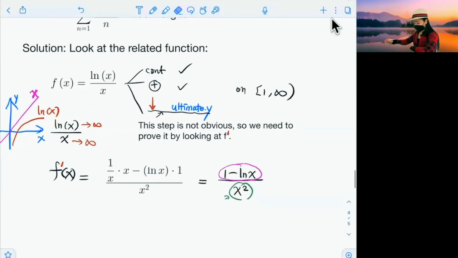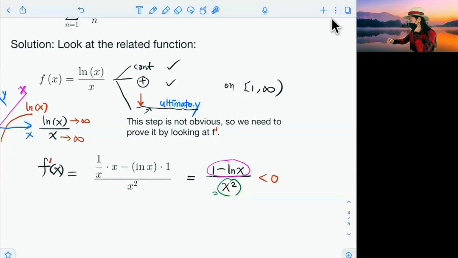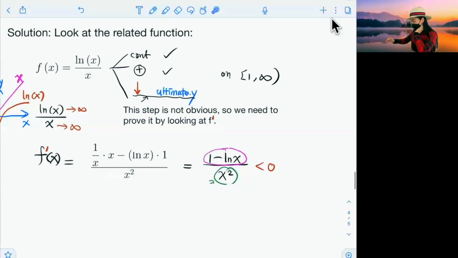Now, we're trying to show that the derivative here is negative, so we try to show when this will be less than 0. Look at the denominator here. It is x squared, and we only consider from 1 to infinity, because the index starts from 1.